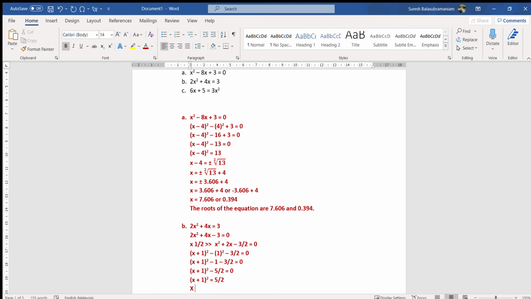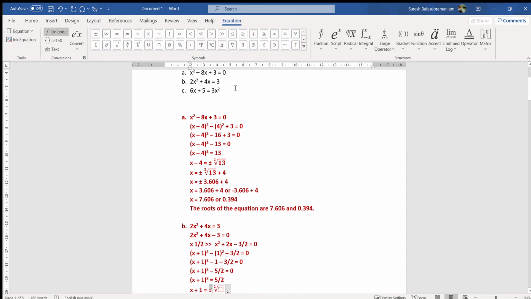So x plus 1 equals square root. But before that, as I said in question A, you must have plus minus. Any square root will have plus minus. So plus minus square root, I will insert the square root of 5 over 2.